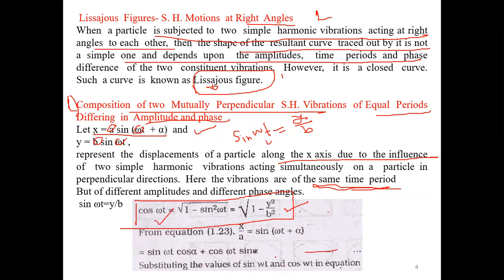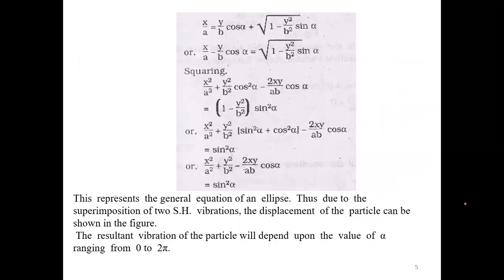Then rearranging, this will become x by a equals y by b cos alpha plus the square root of 1 minus y square by b square, times sine alpha. Sine alpha is outside the square root sign.